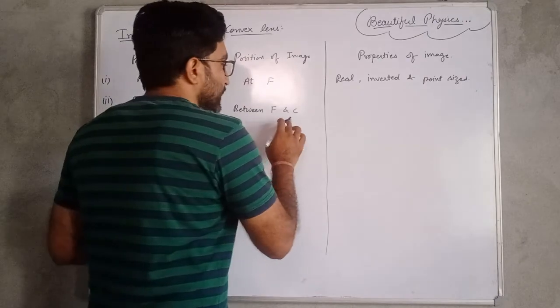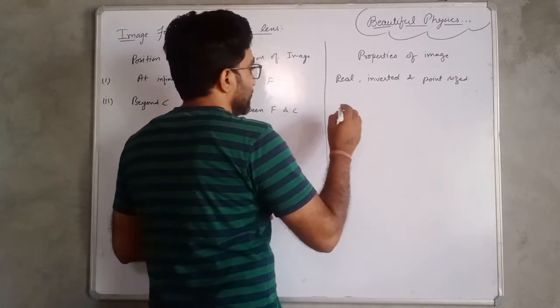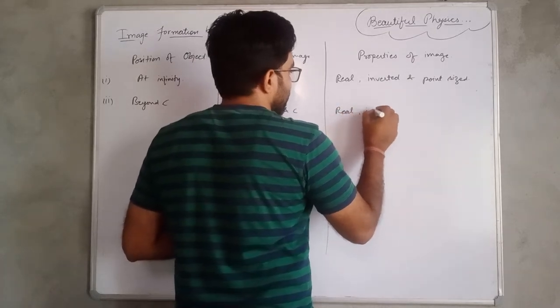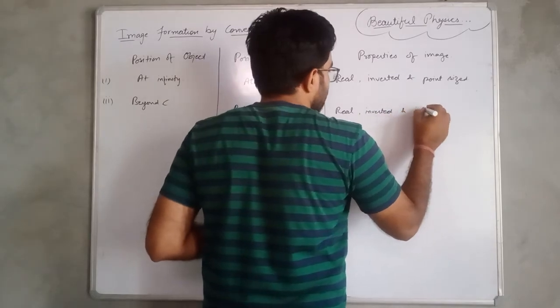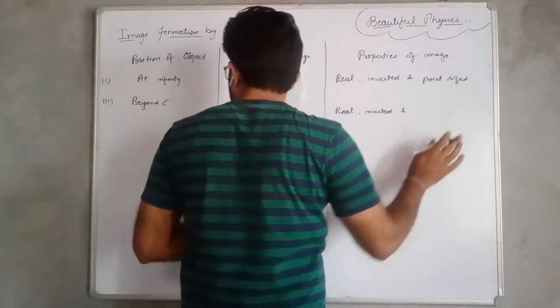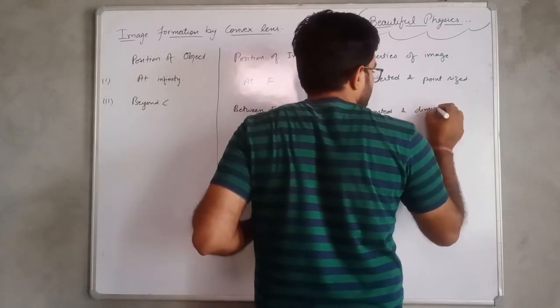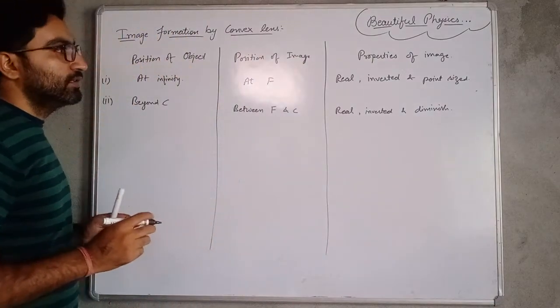Okay, between F and C, and the properties of the image are real, inverted, and diminished. Diminished means smaller than the object.